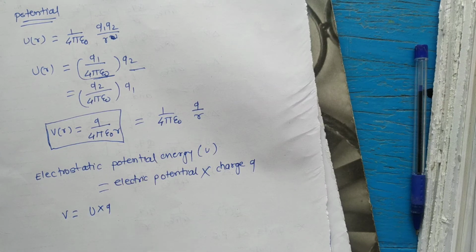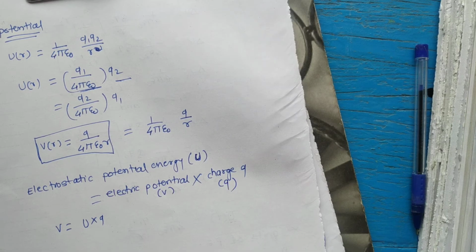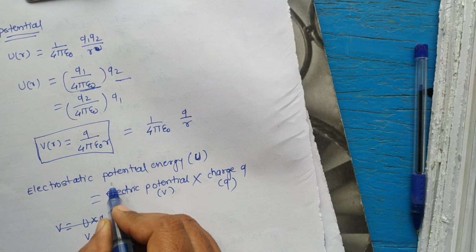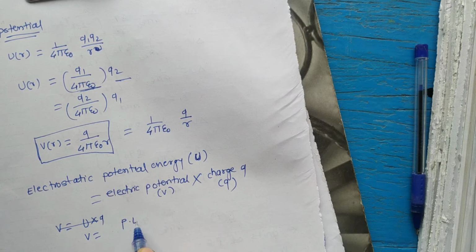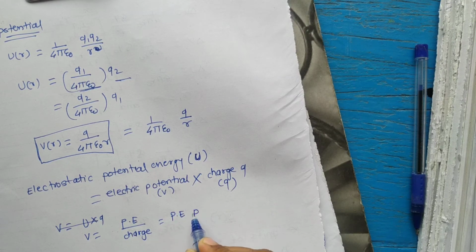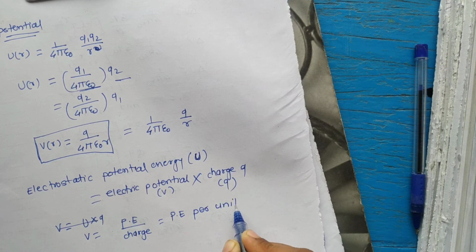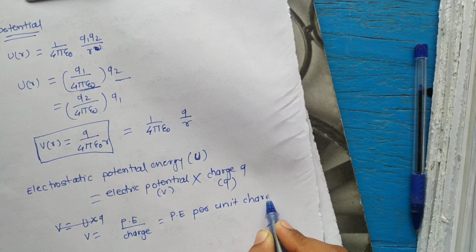Electric potential phi is equal to electrostatic potential energy divided by charge, that is, potential energy per unit charge: phi is equal to U divided by q.